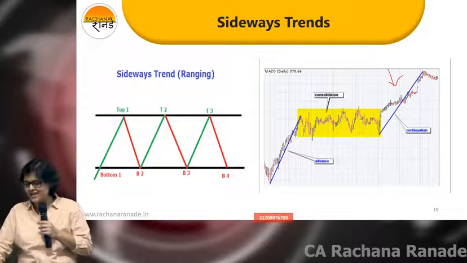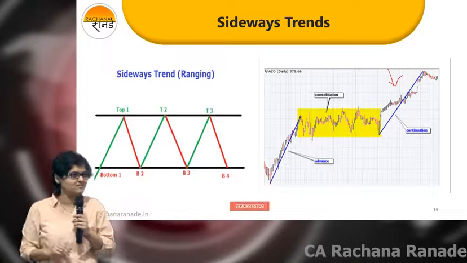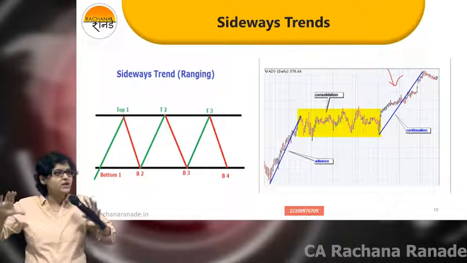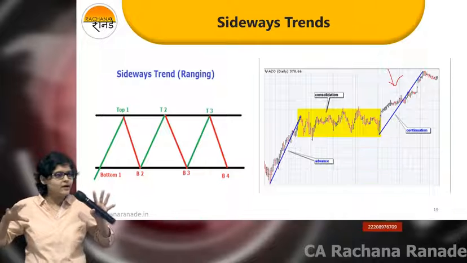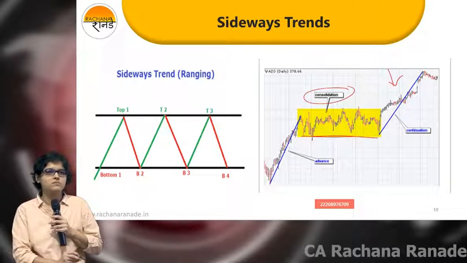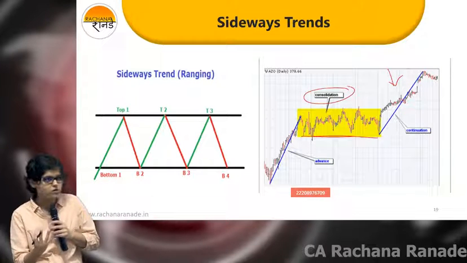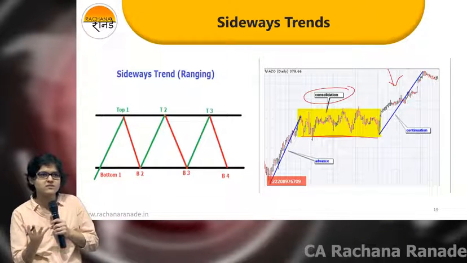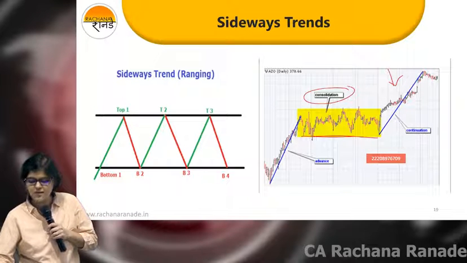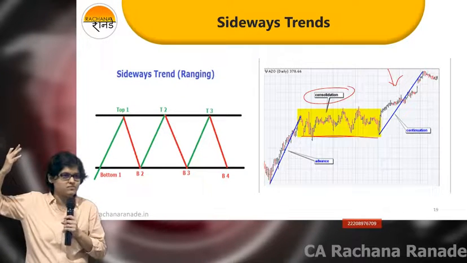Why? Because again, take the example of that Sinhagad thing. The stock moved. It took its time to take some rest. It took time to consolidate. This is known as consolidation. Once it has consolidated, then it has a strong base to move up. Correct? And with this strong base, generally this uptrend might be sharper.